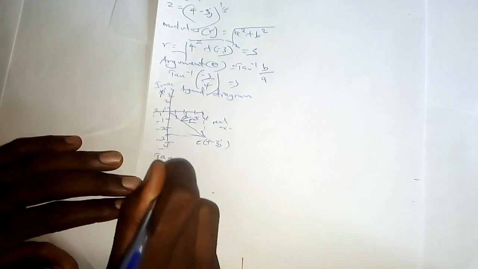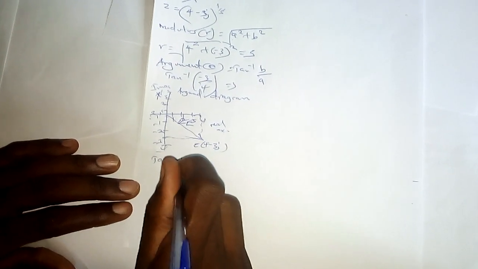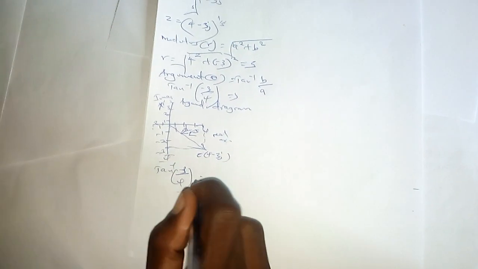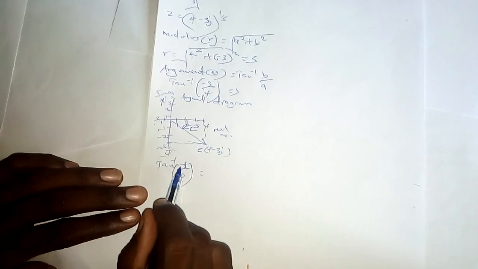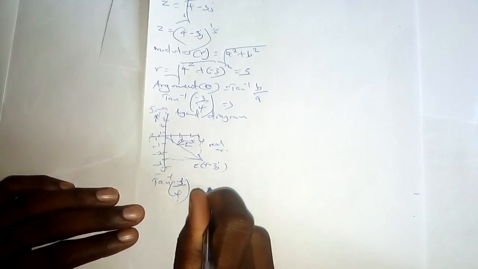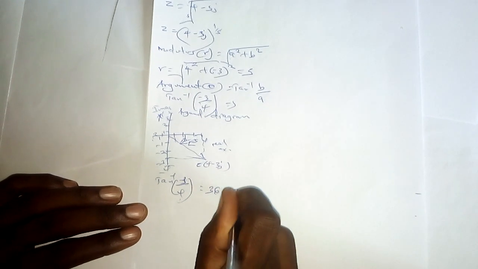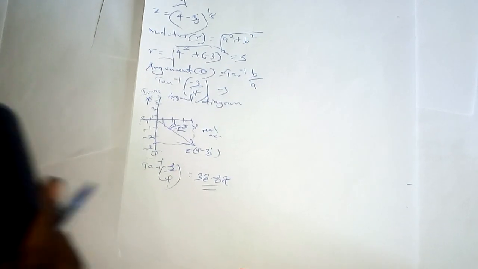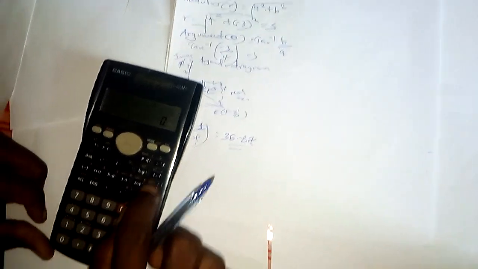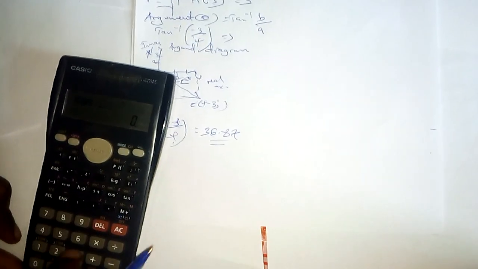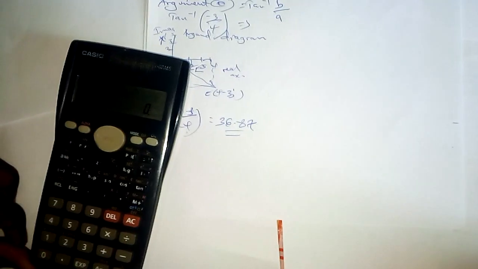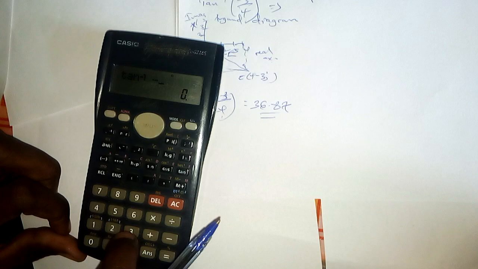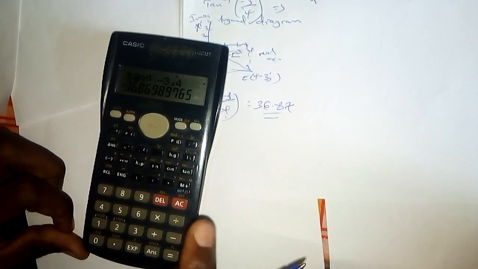Now, tan inverse of negative 3 over 4. When you press it on your calculator, we get 36.87.